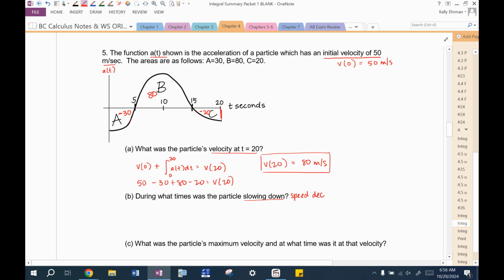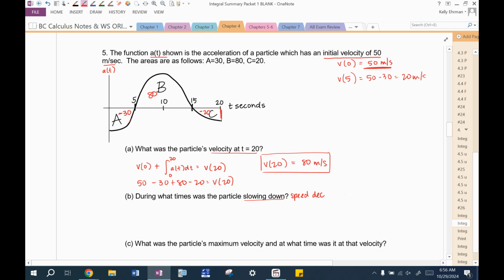If we look at this, the velocity was starting at 50 meters per second, right? So the velocity at 0 is positive. Let me make a little chart here. V of 0 is 50. So what would v of 5 be? 50 minus 30 is 20.